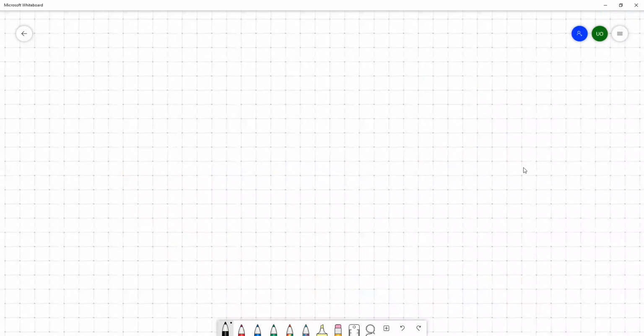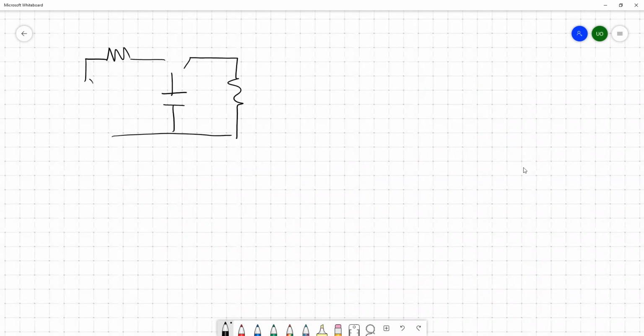So let's assume a circuit like this. We have a circuit that contains a two-way switch.